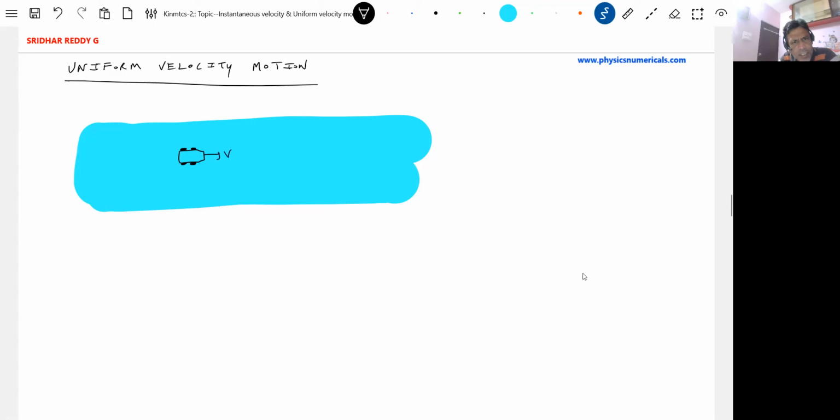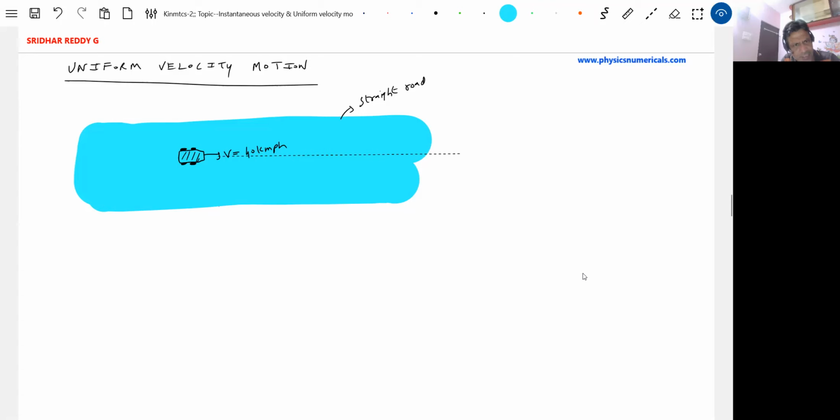It will move with a constant speed of 40 kilometers per hour along a straight line. How will it move? Along this straight line. It will not take a turn. So this is a straight road. So I can say that this car is describing uniform velocity motion.